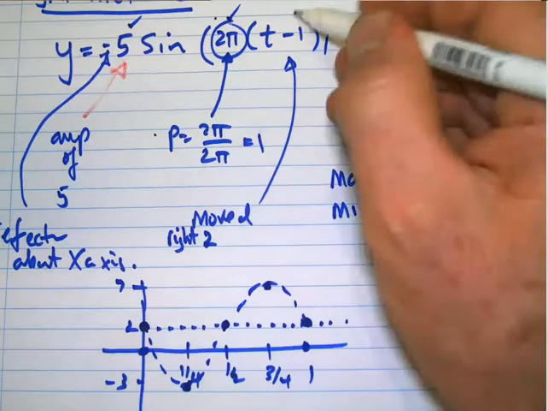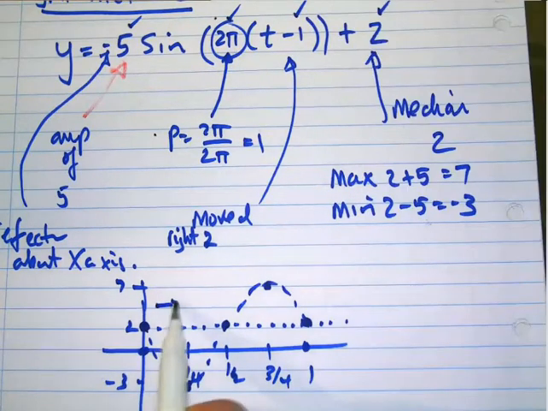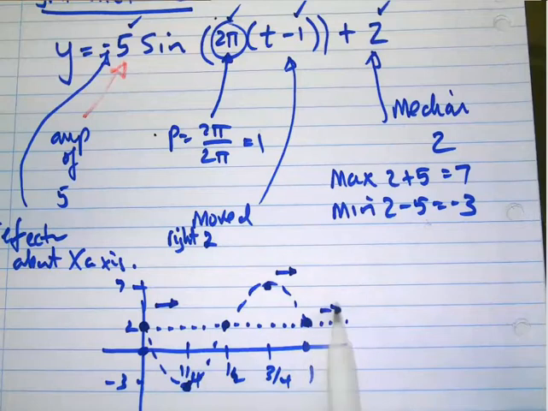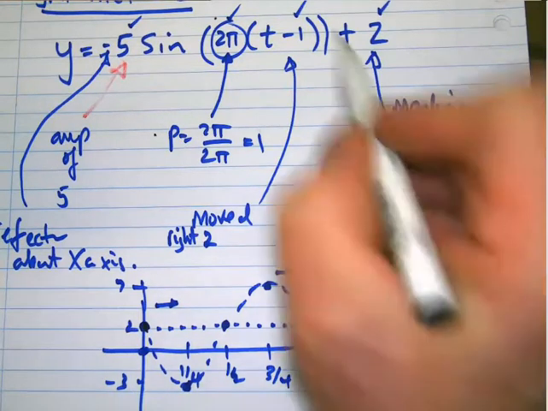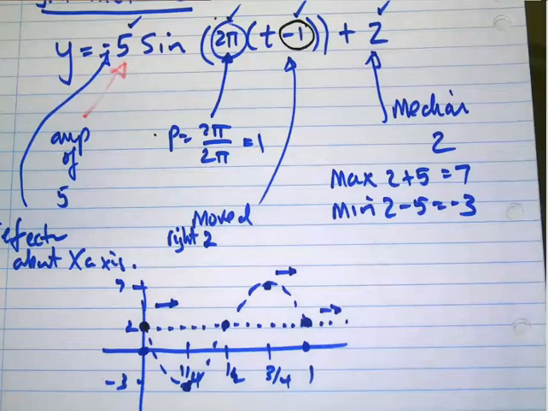This tells me everything gets moved to the right 1 unit. So this point has been moved over 1 unit. Well, 1 unit is a whole period.